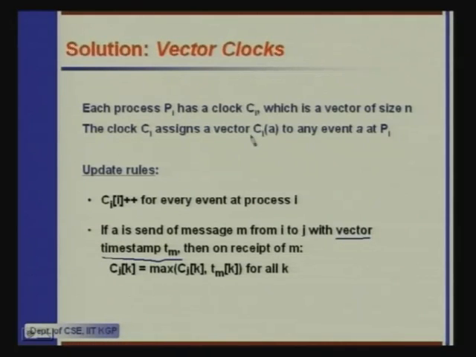It will be timestamped with the vector clock of Pi, and on receipt of that vector Tm, every dimension of Cj will be updated by taking the maximum of whatever it already knows and whatever it has come to know through Tm.